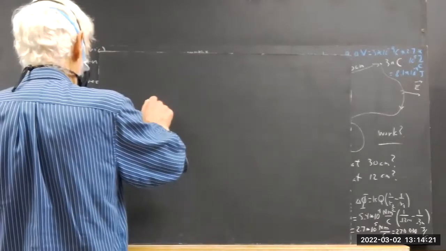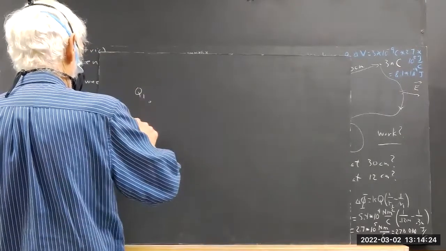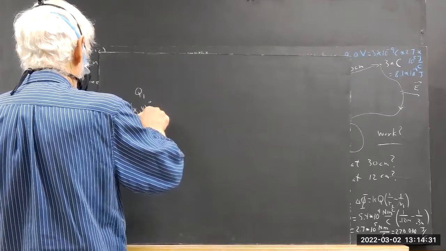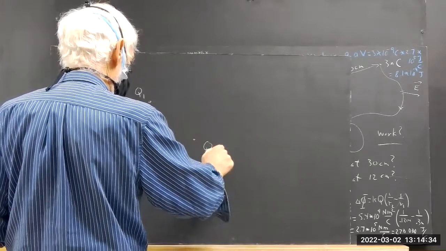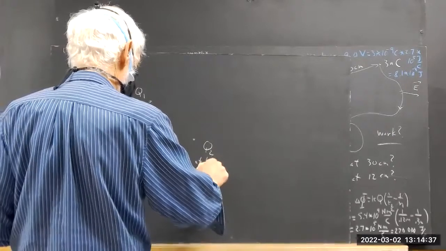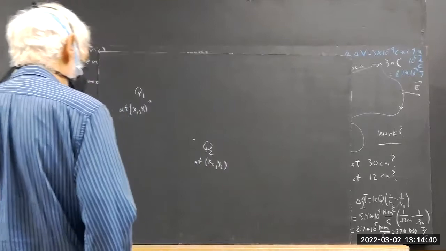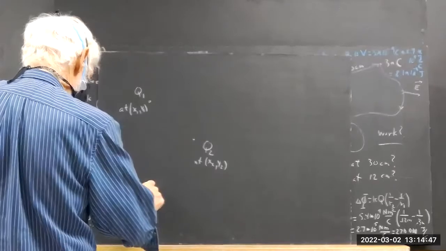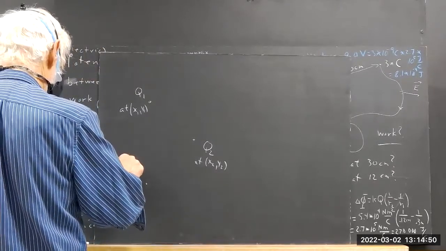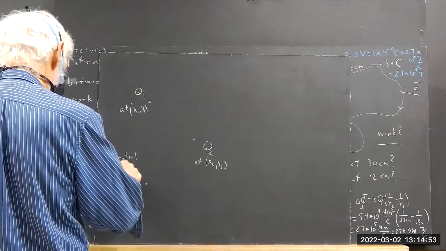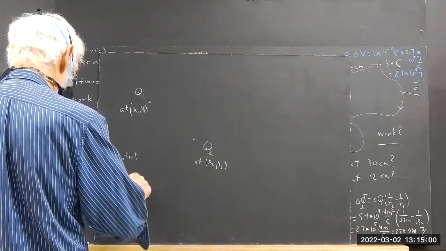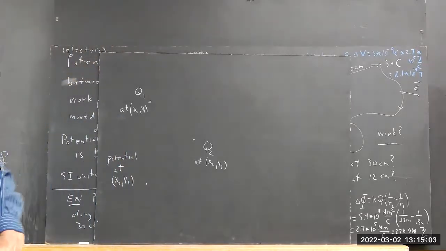So if we have Q1 at the point X1, Y1, Q2 at X2, Y2, and we want to find the electric potential at the point we'll call X naught, Y naught, so in symbols, what do you think the potential would be?